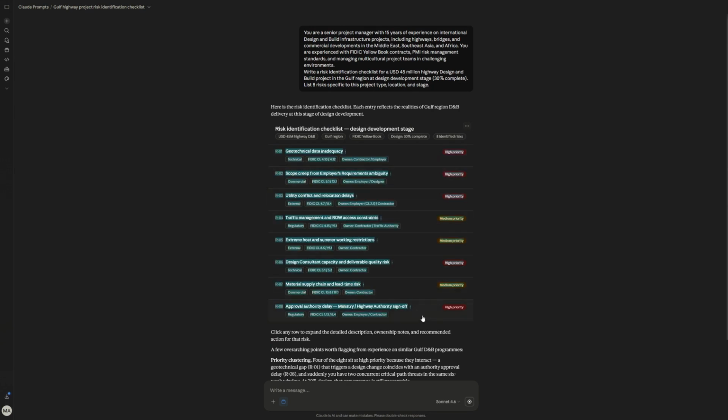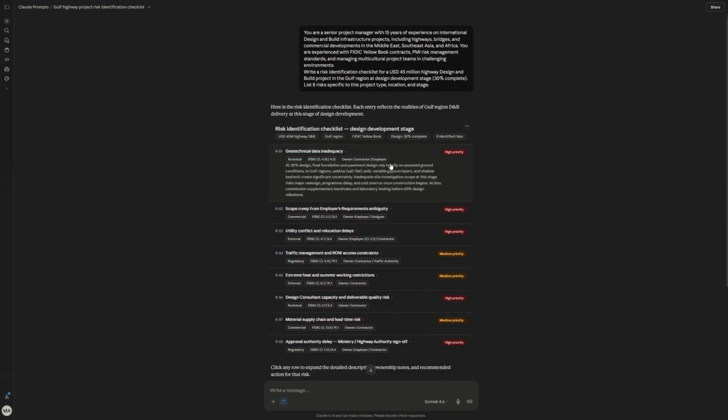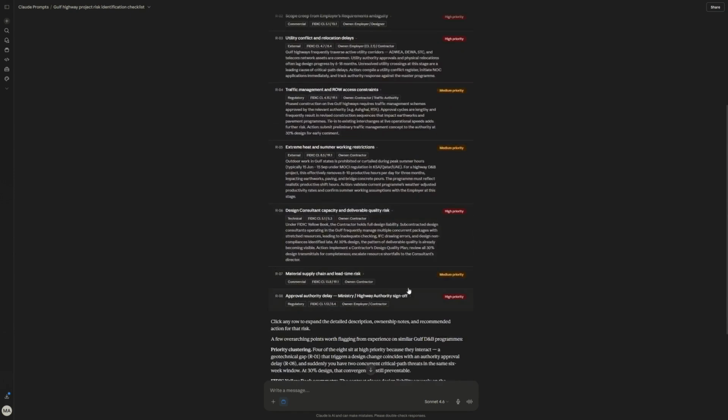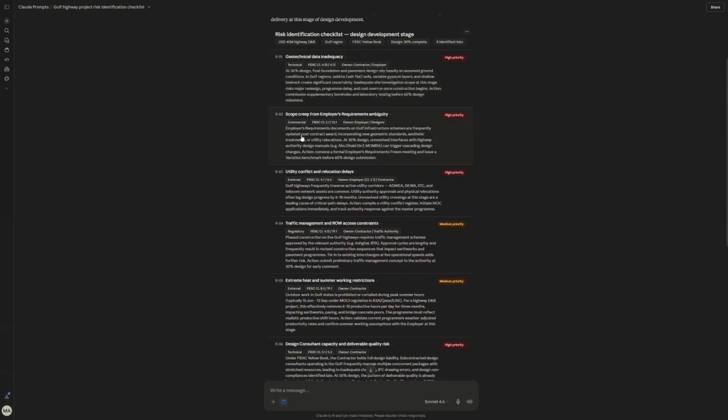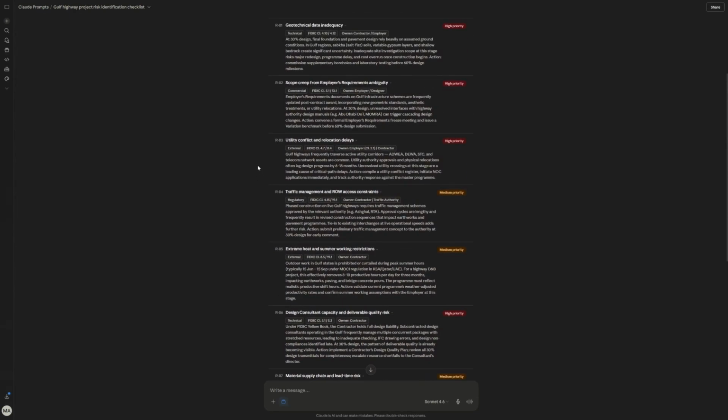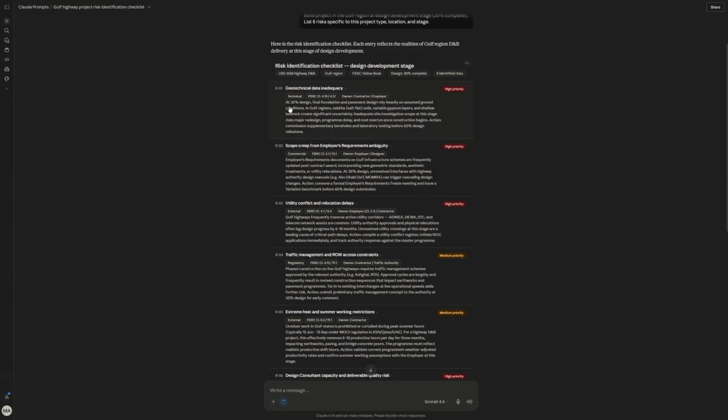So it's generated 8 risks specific to the project type, location, and stage. Let me expand all of them. These are the 8 different risks. And as we can see, just look at the difference. These risks are domain-specific, like ground condition uncertainty at 30% design, where there's some uncertainty with the data being inadequate. It's like night and day compared to the first run, which only had generic, very low context results for the risks for a construction site.